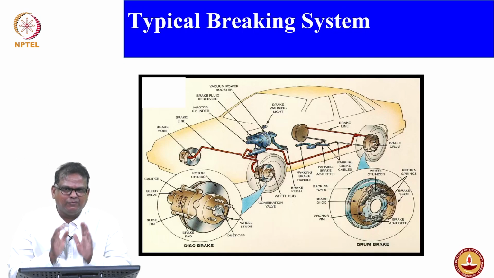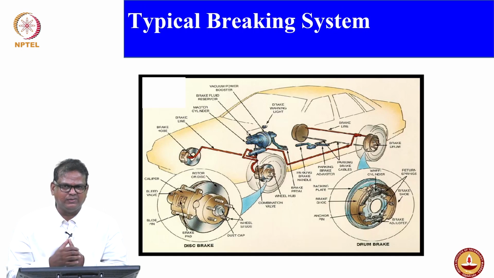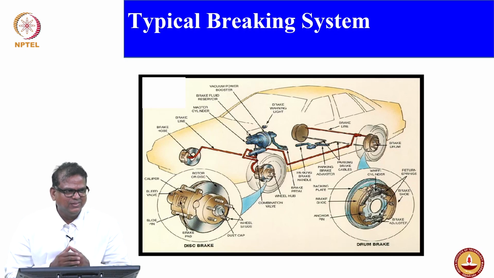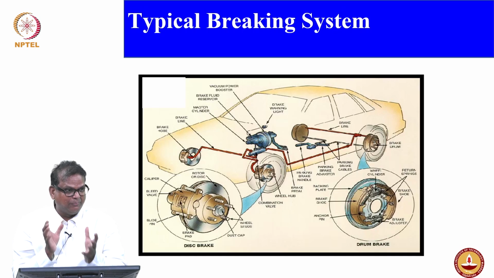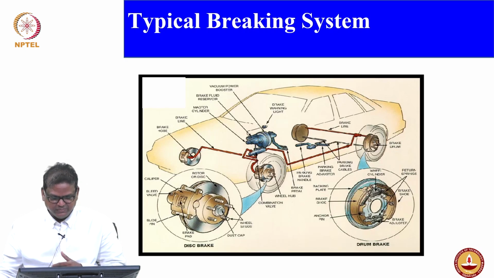When you move forward, what happens to the weight of the vehicle? Do you think the entire weight will stay there or will it transfer to the front? Because of that, you have to take care of your brake energy also. You have to distribute it accordingly. That we are going to discuss while designing aspects.